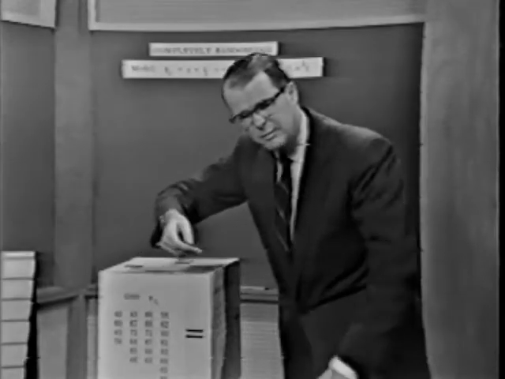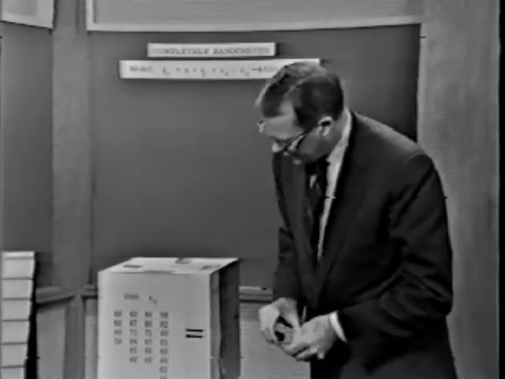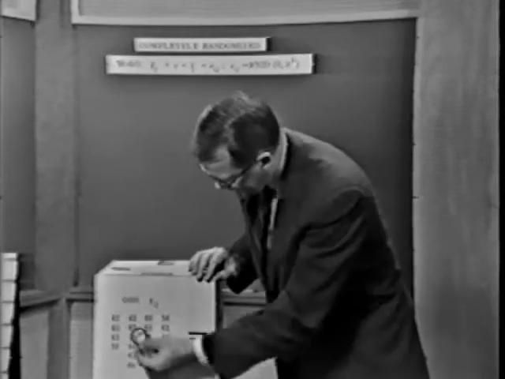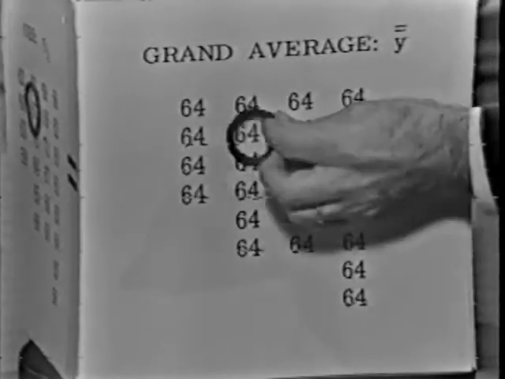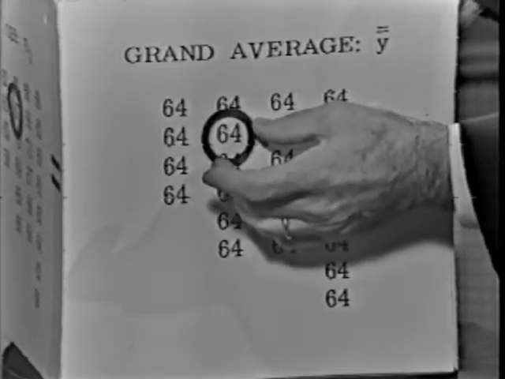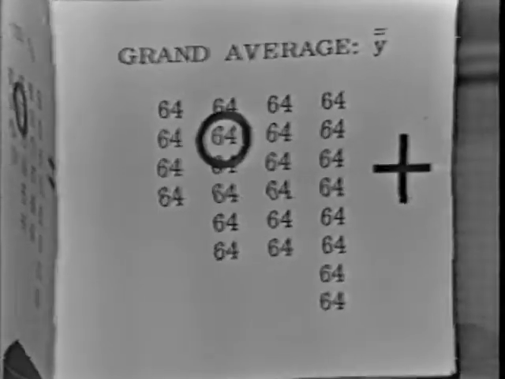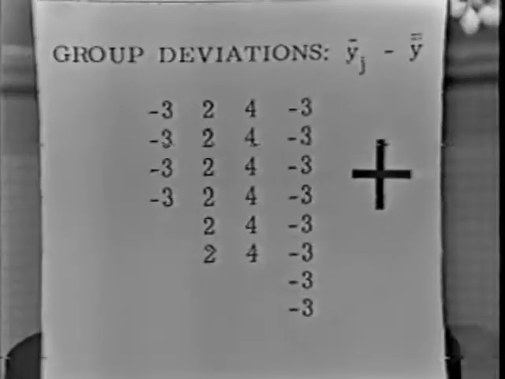And now remember our mathematical model. Our model says that each one of these observations can be resolved in terms of a mean, a treatment effect, and an error. So I'm going to take each one of these observations and break it up into its parts. Let's take this observation right here. That's 67. Okay? And let's break it up. 67 equals the grand average, which was 64, plus, now, what was the effect for being in the second treatment?